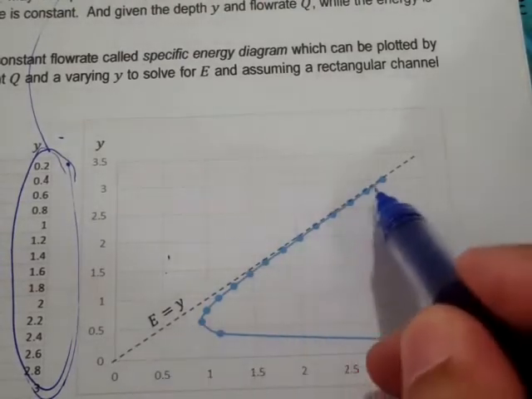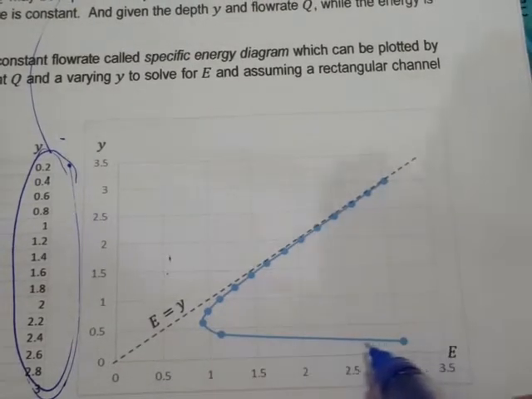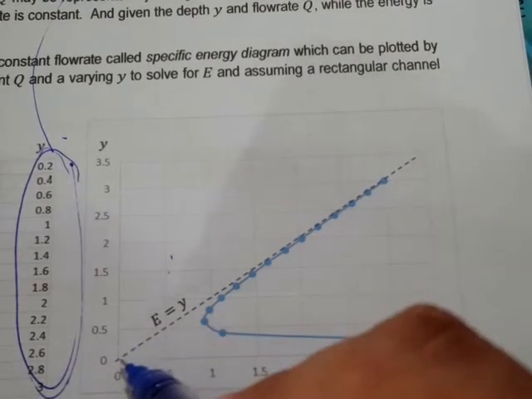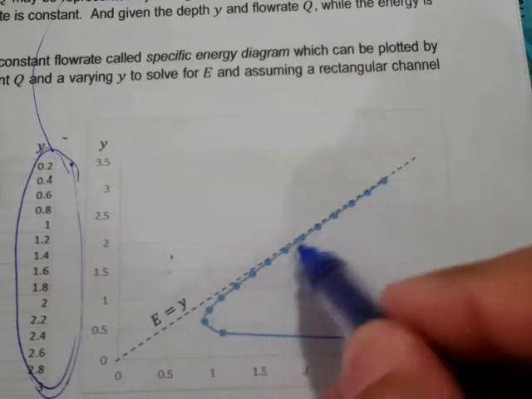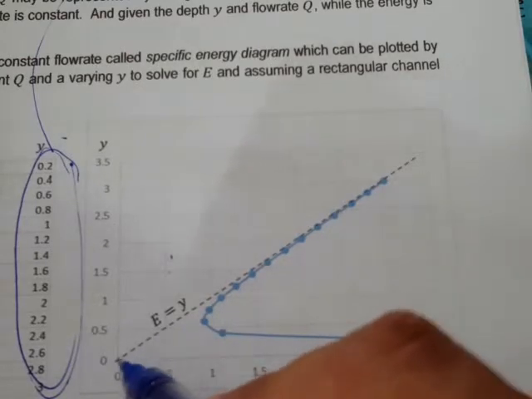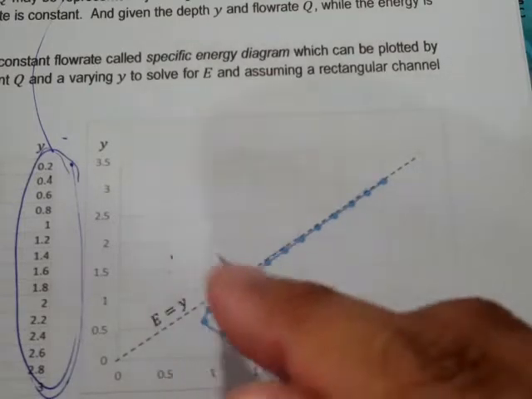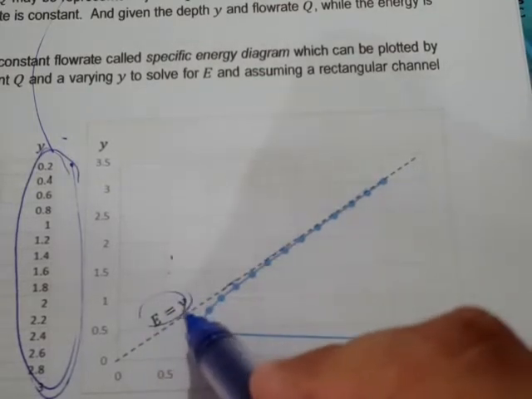and since we have this curve, there is something like an asymptote. So we have this at 45 degrees, that's the dashed line, that's an asymptote, wherein it says that there is no flow condition.